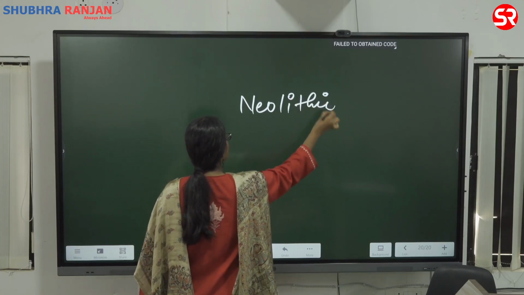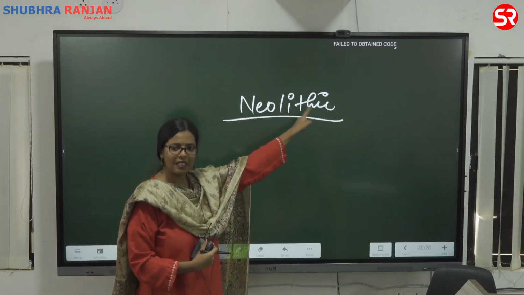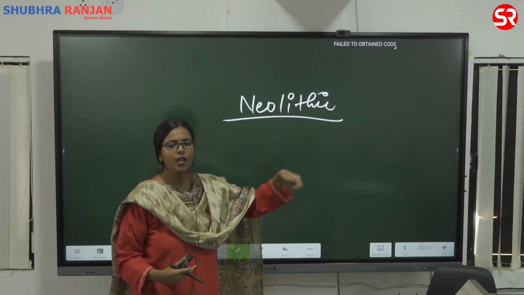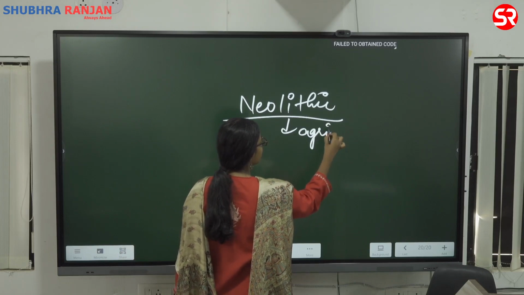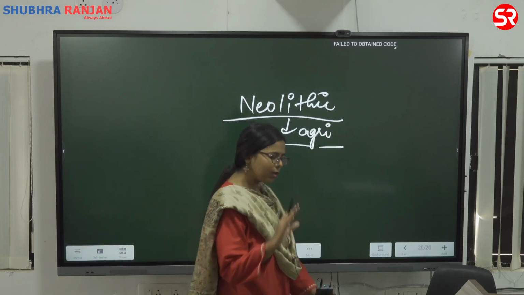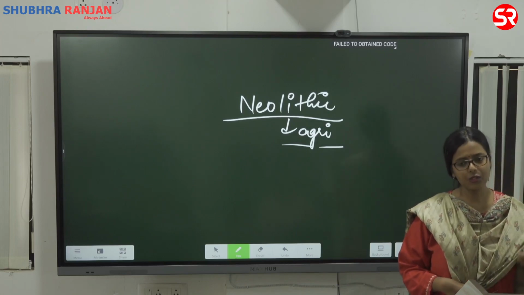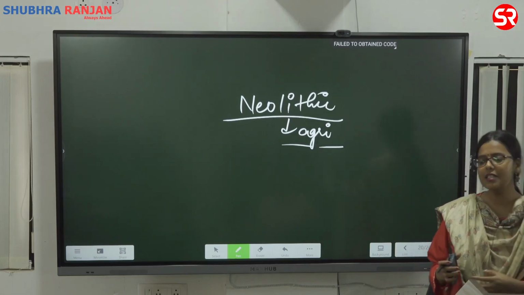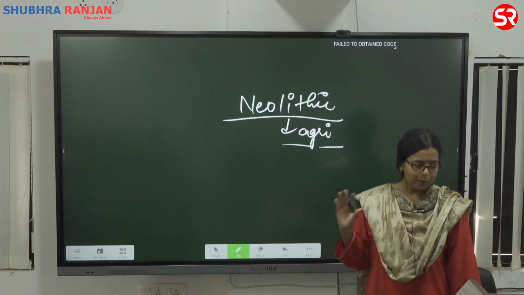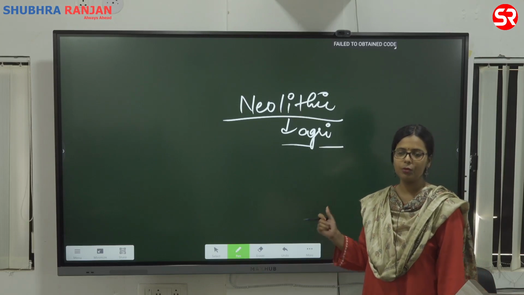Coming to Neolithic, हमको पता है नियोलिथिक terminology का माने क्या है, New Stone Age. What is important here? एग्रीकल्चर। Agriculture is taking place. Now a lot of things are happening in Neolithic age. There are certain factual details which we will talk about and there are certain conceptual details which we will talk about. Pay very close attention to the conceptual details because that will help you in society.